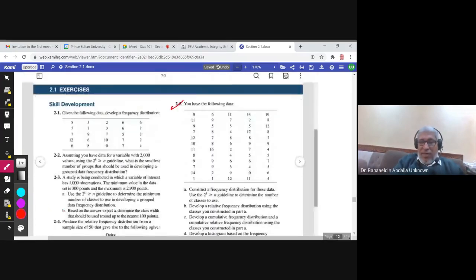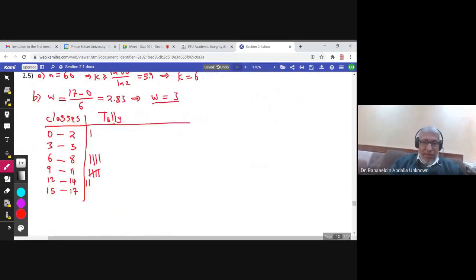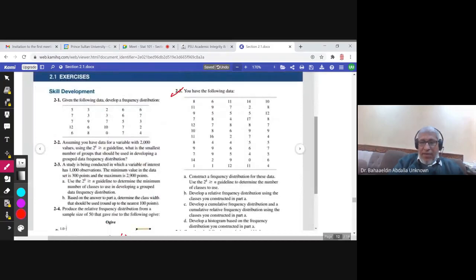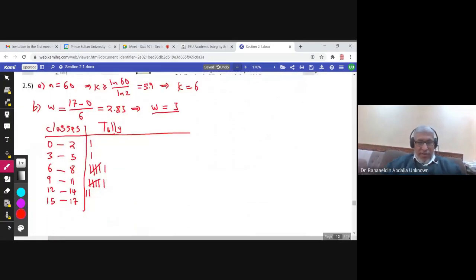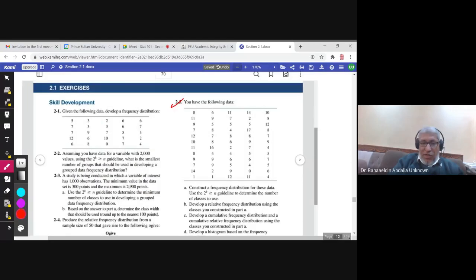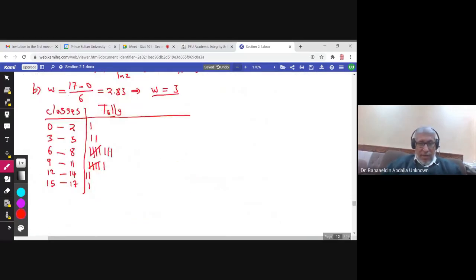The second column: 6, 9, 5, 8. 6 is here, 9 is here, 5 is here, 8 is here. Then 7, 8, 16, 4. Then 9, 9, 2, 1. I finished the second column.